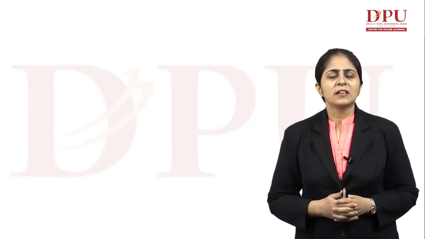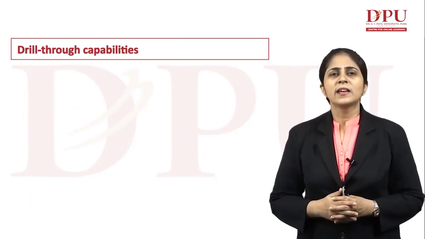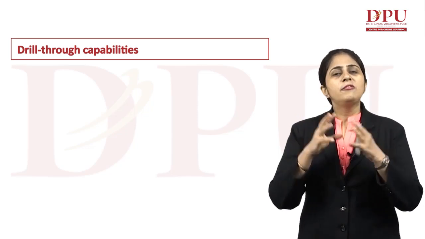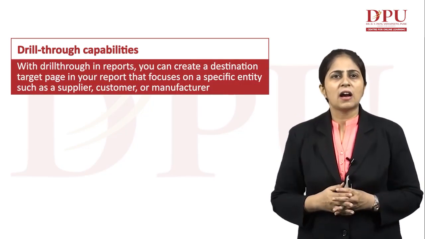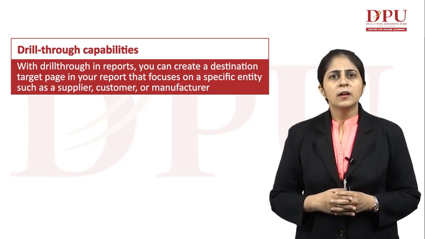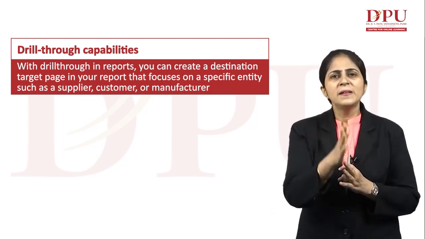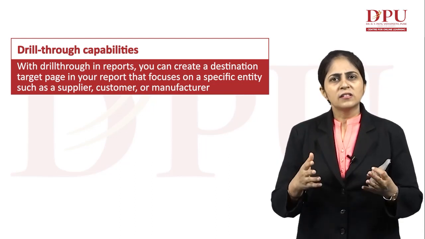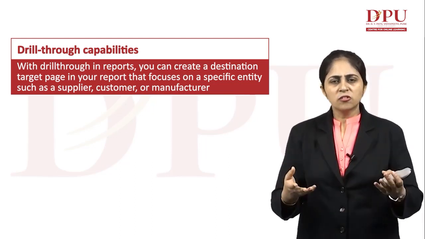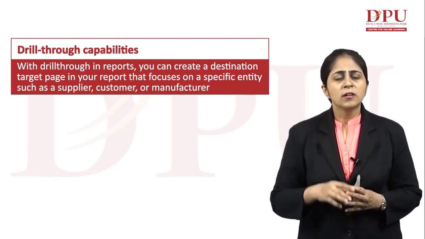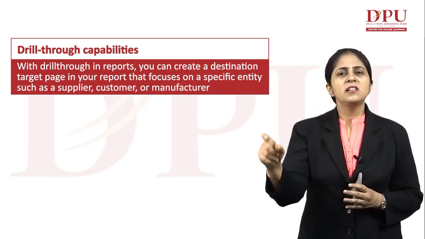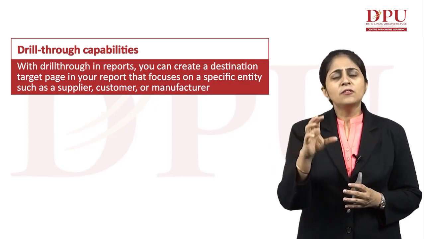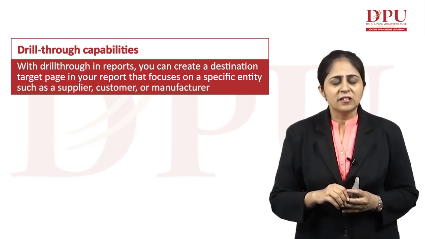Now we have another thing which is called drill through capabilities. With drill through in your reports, you can create a destination target page in your report that focuses on a specific entity such as the supplier, the customer or the manufacturer. Drill through means you can create a destination target page that focuses on a specific entity.